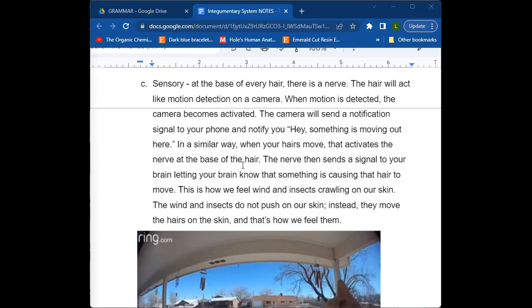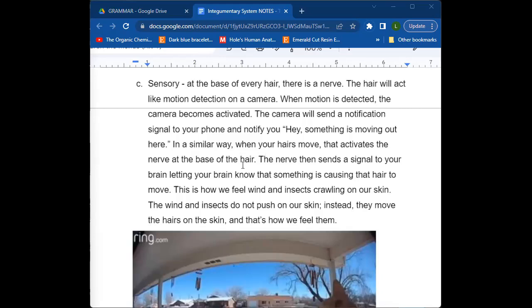Just like for a security camera, when it detects motion, the camera is going to become activated. Then usually it sends a notification to your phone and lets you know, hey, something is moving out here. So you might want to click on the notification and find out what's going on.